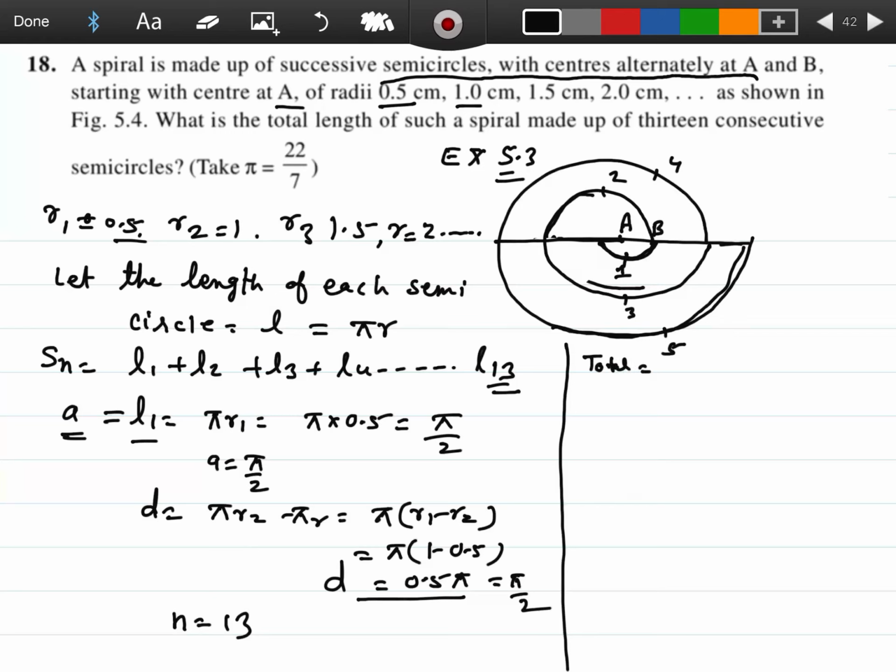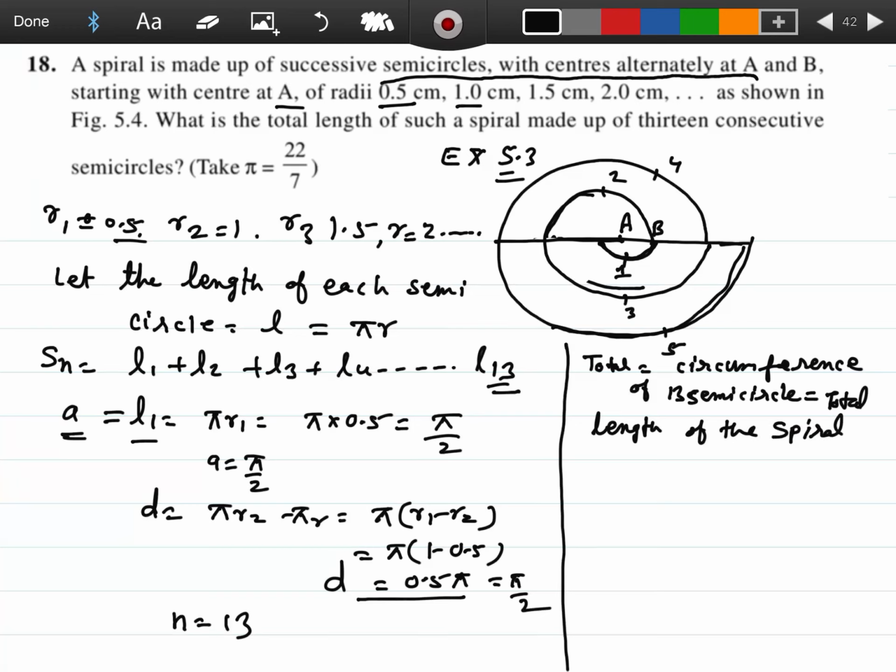So the total circumference of the 13 semicircles is equal to the total length of the spiral.